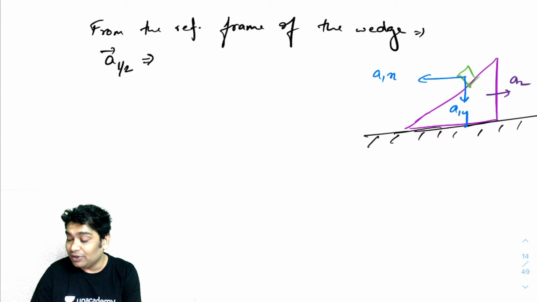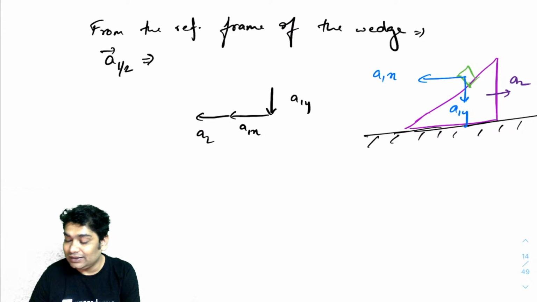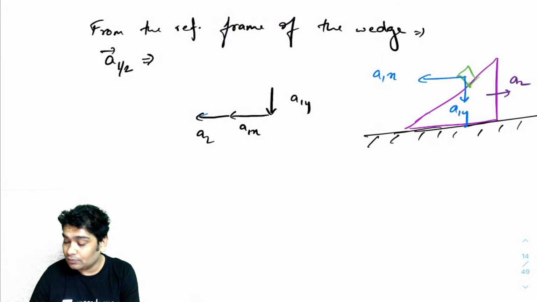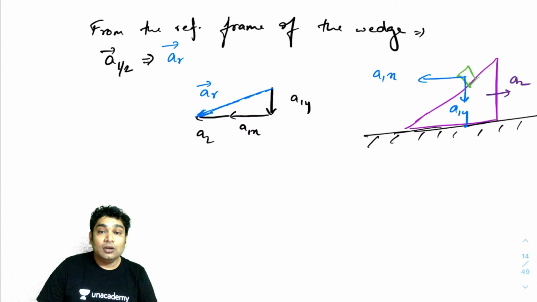So that will appear to you as, it will have a y acceleration which will be a1y, and then in the x it will have two components, a1x and a2. Correct? This would be the resultant vector, which we are calling it here.